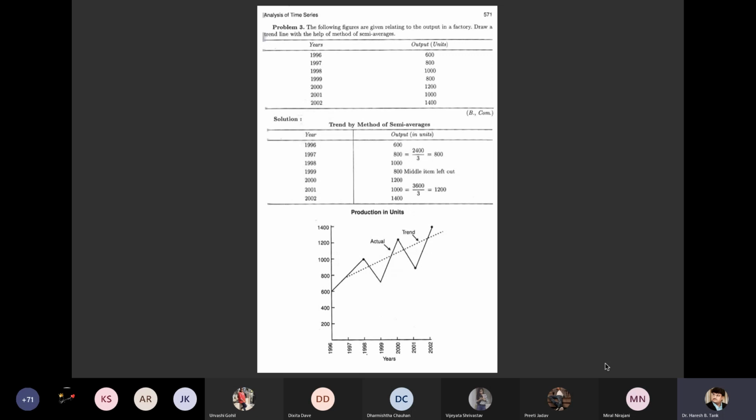If an even number of data is given to you, you don't have to bother about it. You can divide the whole data set in two parts.